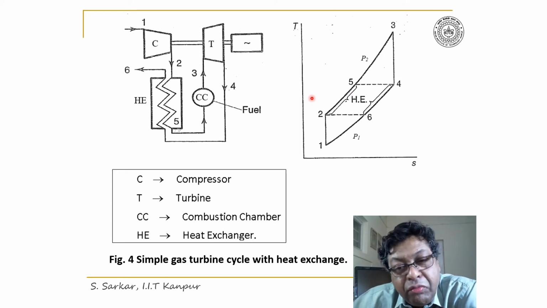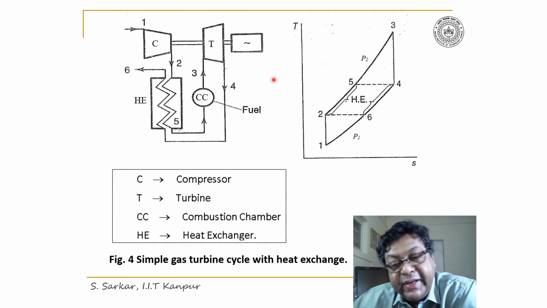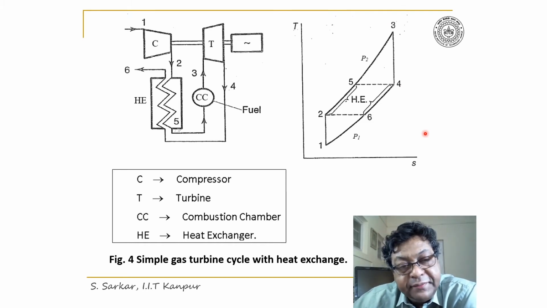So now the heating occurs in the process 5-3 in the combustion chamber. Therefore, the heat added to the cycle has decreased, increasing its efficiency. However, the specific work output remains unchanged.